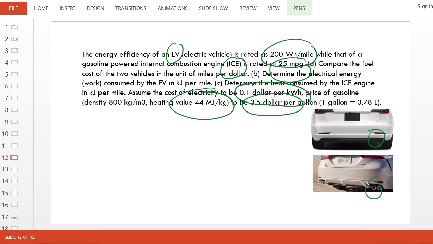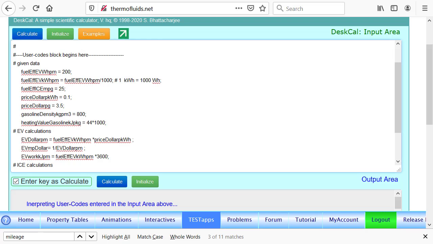Okay, so I have already started the DeskCal, logged in as a student, and I have also written the code. Essentially, the given variables, I'm converting them into variable names. The fuel efficiency of the electric vehicle, EV, is 200 watt hour per mile.